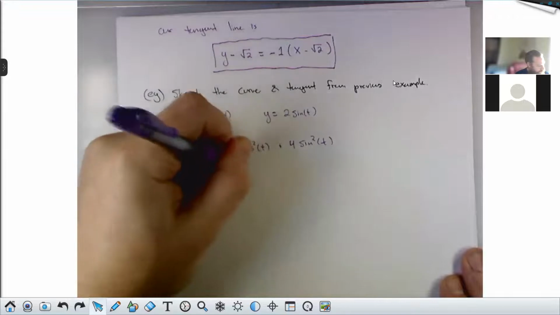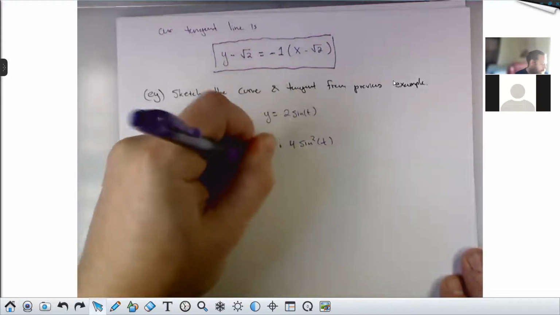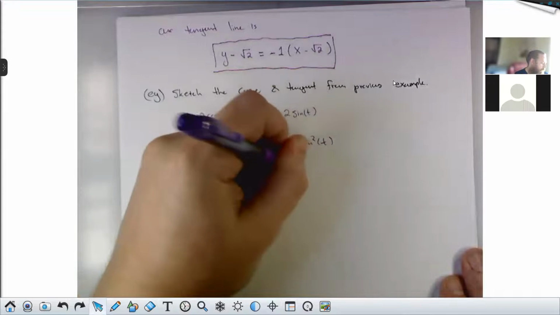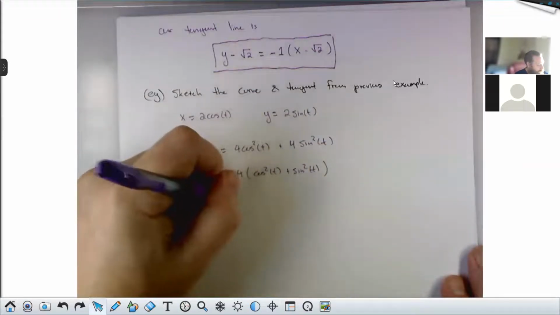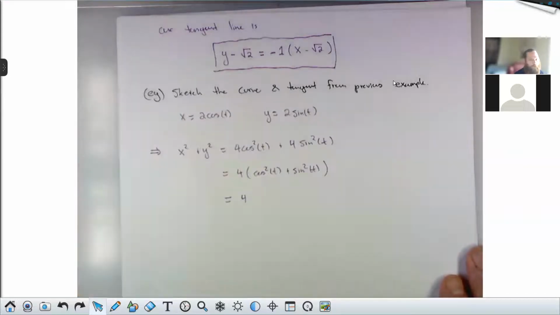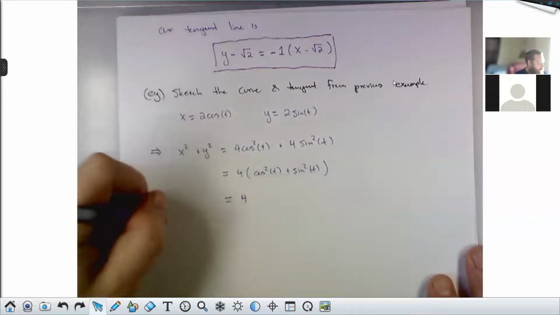Which is 4 times cos squared t plus sine squared t. And since cos squared plus sine squared is 1, we get x squared plus y squared equals 4.